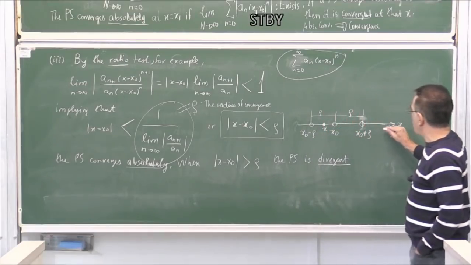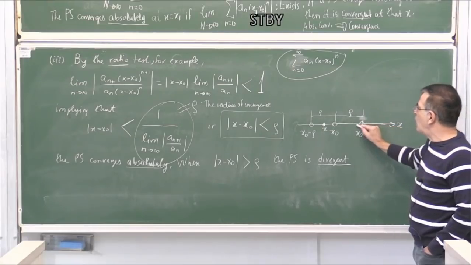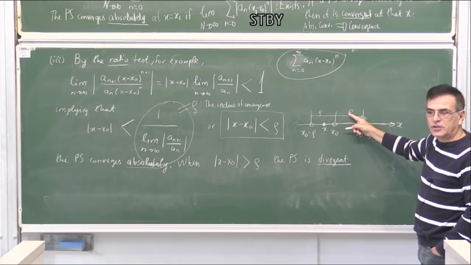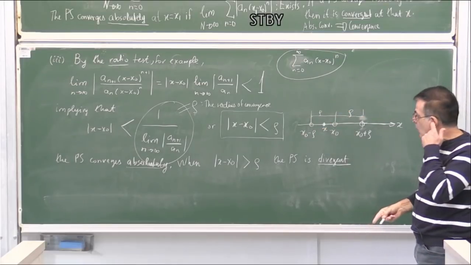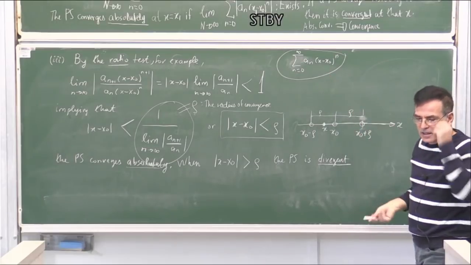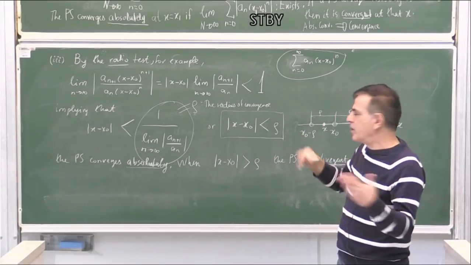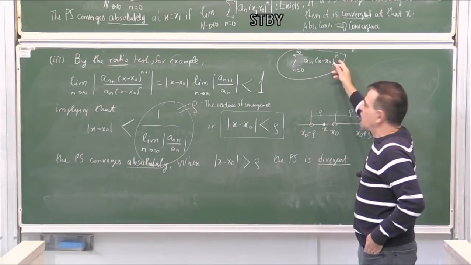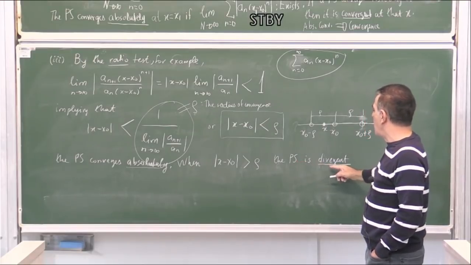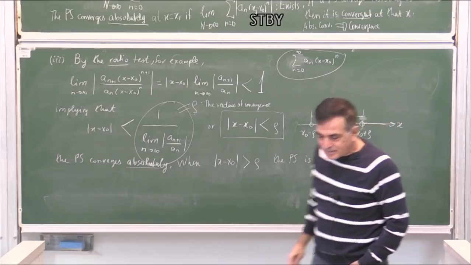That is, if you try to calculate the power series at any x outside the interval suggested by the radius of convergence we found in that way, the series doesn't make sense. It tends to plus infinity or minus infinity, or it doesn't exist as a real number. So we say that the power series is divergent, making no sense.